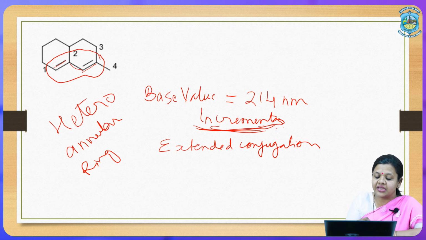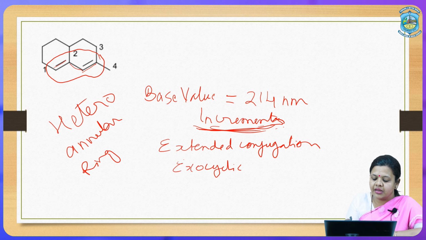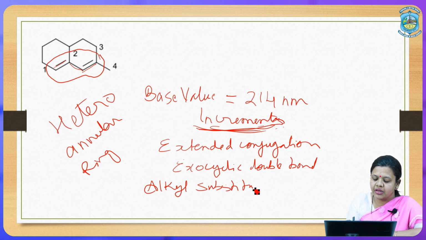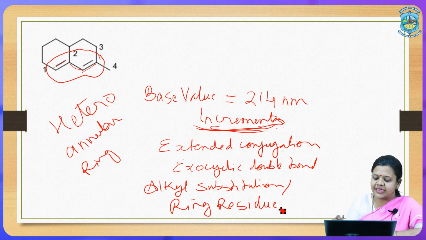Second, exocyclic double bond. And the third is alkyl substitutions, which is also termed as ring residue. We have to use the term ring residue in case of cyclic structures.